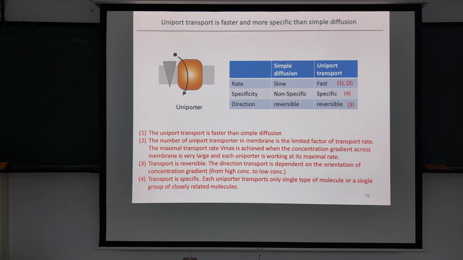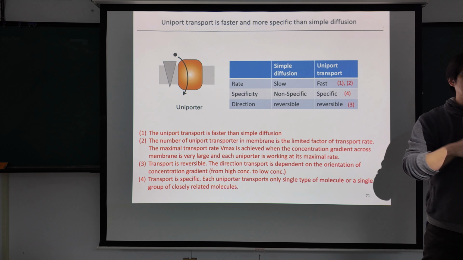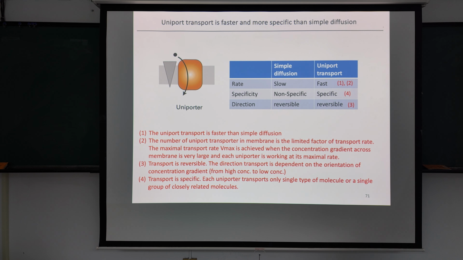Okay. So first, uniporter. To understand the uniporter, we will compare passive diffusion and the uniporter. For simple diffusion, the rate is slow. Uniporter transport is fast, because it generates a shortcut, a specific tunnel, so they don't need to deal with the chemical properties of the phospholipid.